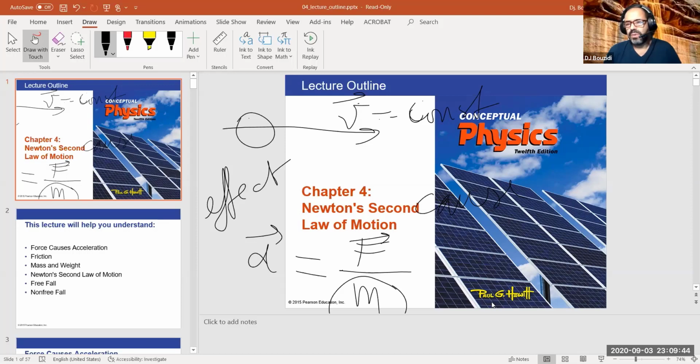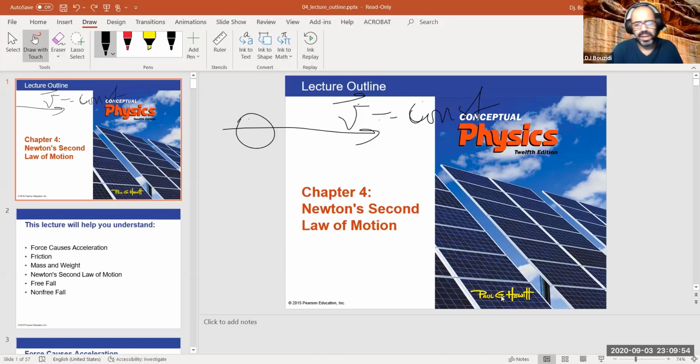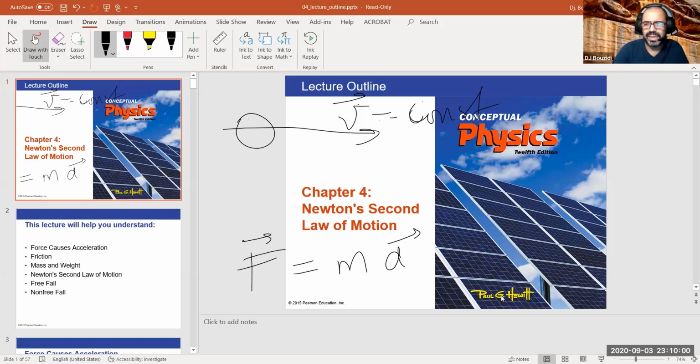So that's basically how this relationship is written. And in a nutshell, this relationship can also be written algebraically in a different format. Basically, F equals ma. It's the same thing. The first format is more descriptive than this one. This is how people know it, F equals ma.